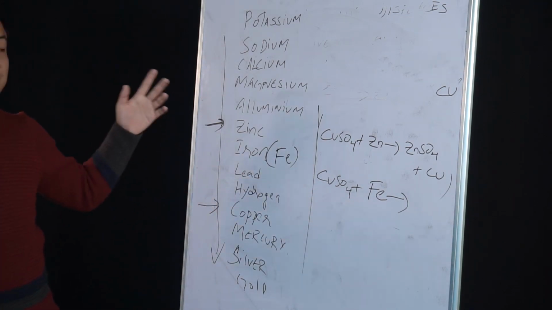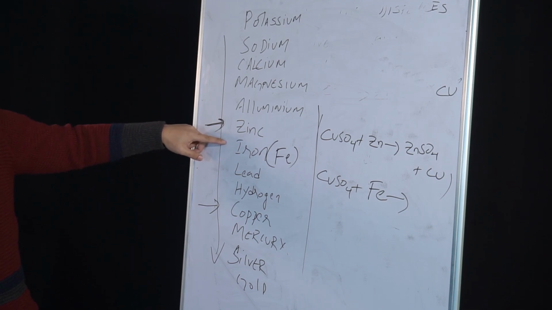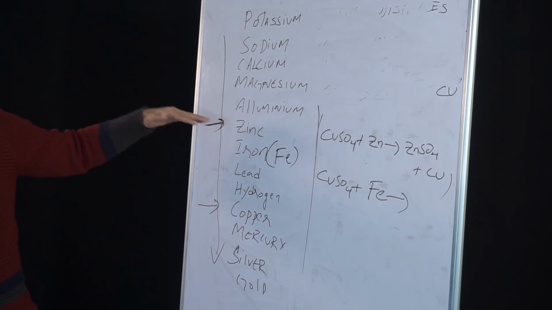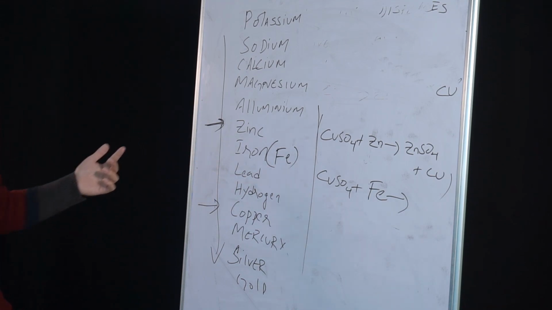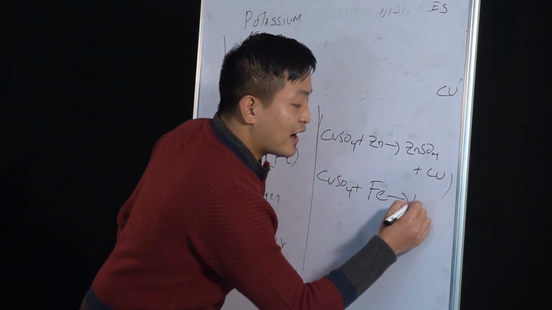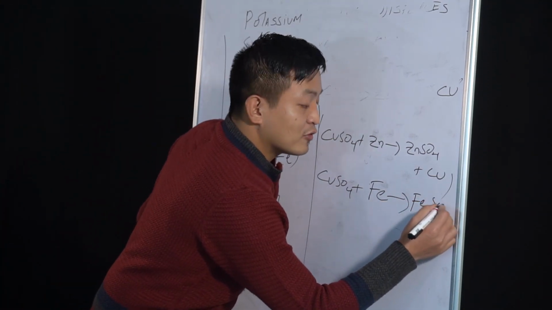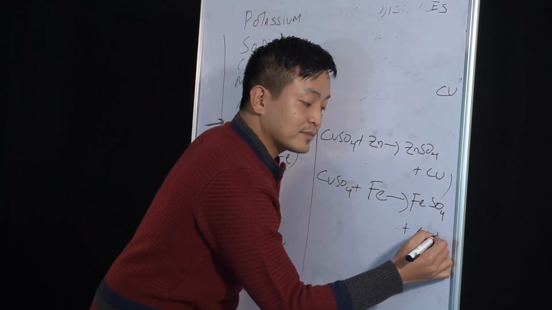Let's look here, students. Iron comes below zinc, and if we go down, copper is 3 steps below iron. So that means iron is more powerful than copper. So here iron displaces copper, and copper is left all alone here.